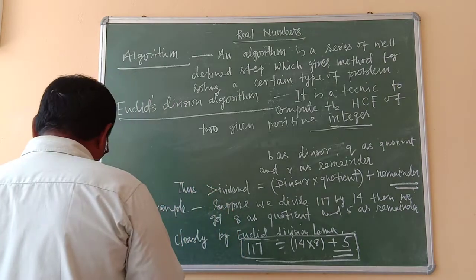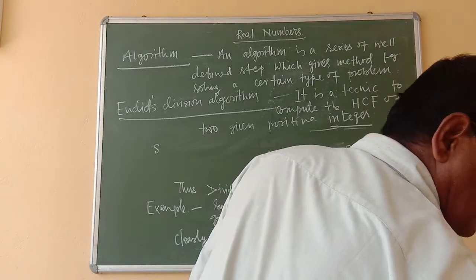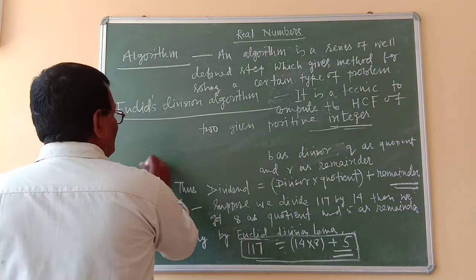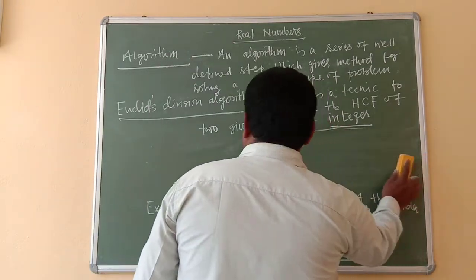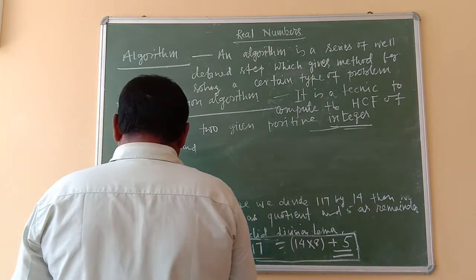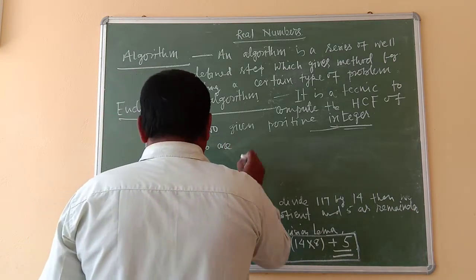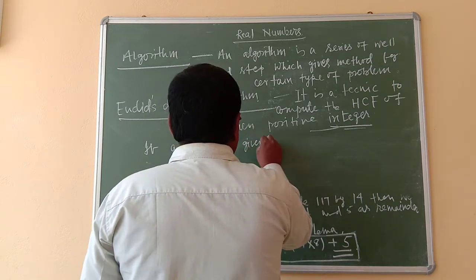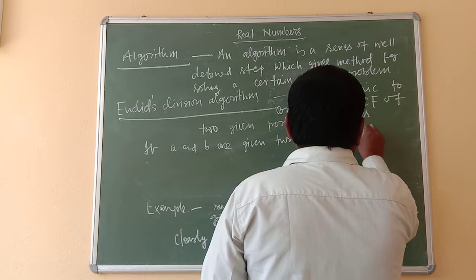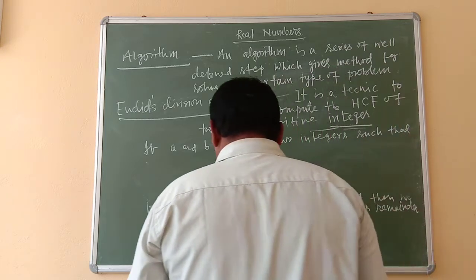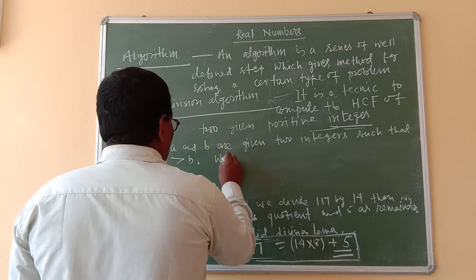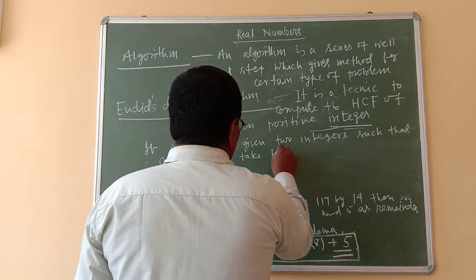Say a and b are two given integers such that a is greater than b. We take the following steps.